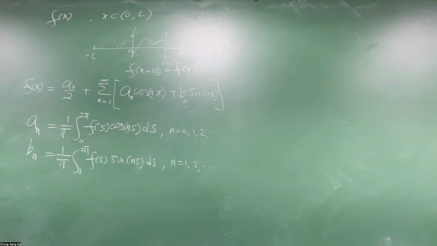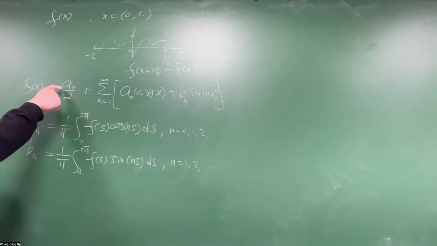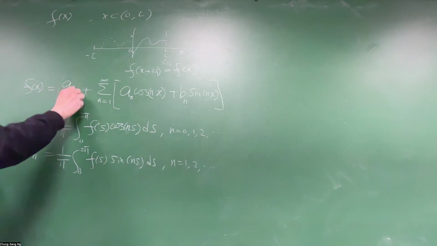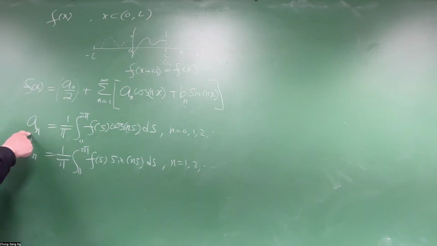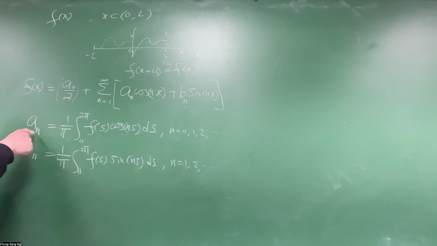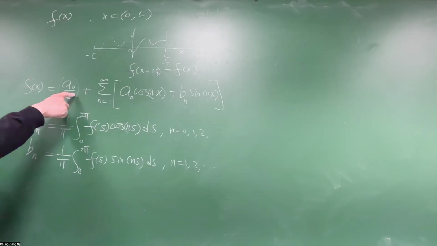If this is treated as a sub 0, you write a sub 0 as 2 terms of this, right? Okay. And now that a sub 0 is this one, I should say, if this is treated as a whole as a sub 0, then this a sub 0 is like this a sub 0 divided by 2.